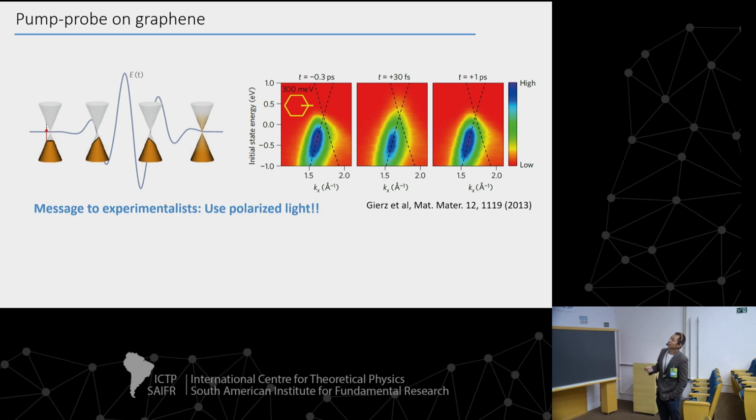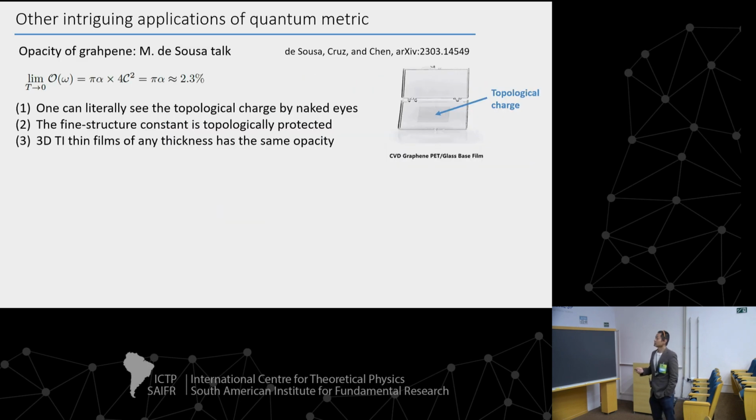But the message to experimentalists is that you need to use polarized light in order to fix your direction of the quantum metric. And also here I want to mention again, there are many other intriguing applications of quantum metrics, such as the one already given in Matthias' talk. Let me just mention again, we verify that the opacity of graphene is actually a topological charge.